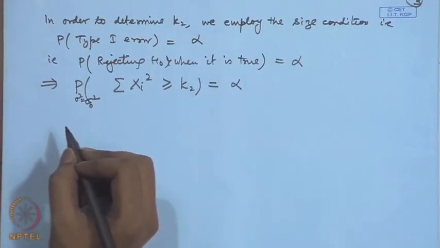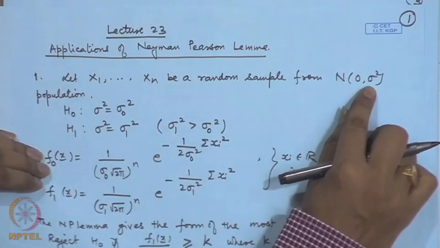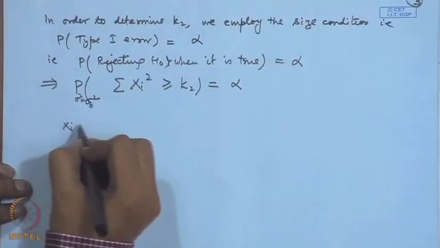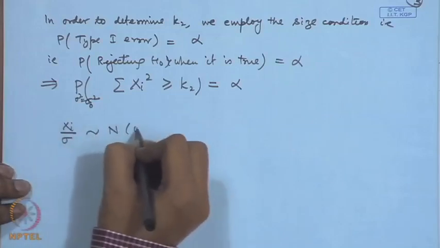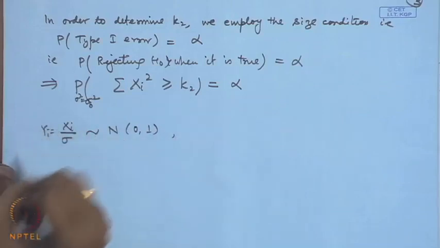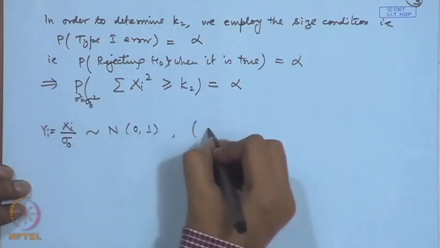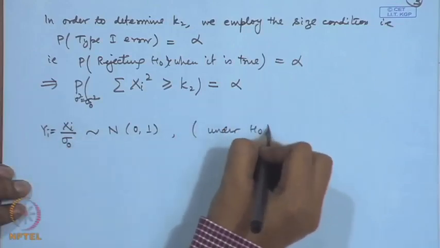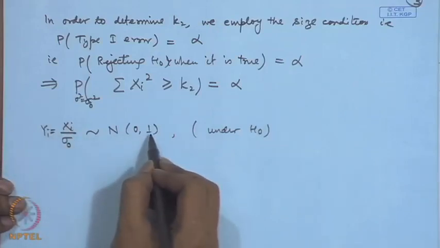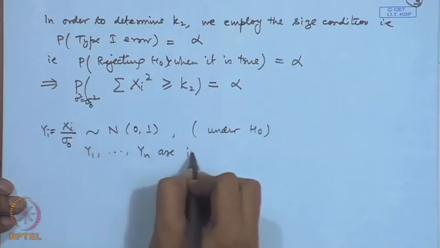Consider here the original random variables x i's. We had considered a random sample from normal 0 sigma square. So, if you consider x I by sigma, that follows normal 0 1 and they are independent, let me call it y I. So, if we consider sigma naught here, then under h naught x I by sigma naught, that is y I, this will follow normal 0 1 and y 1, y 2, y n are independent.